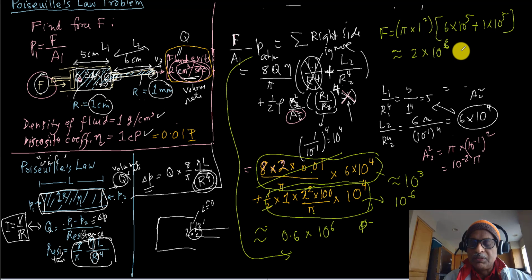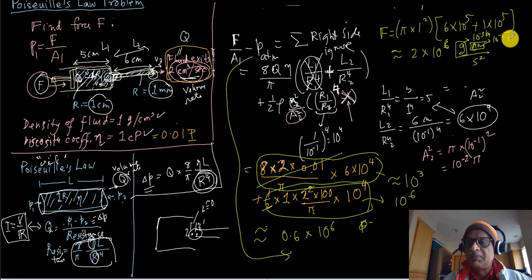It's not going to be Newton, it's going to be Dyne, gram centimeter over second square. And so this will be 10 to minus 3 to get to kilogram, and this is 10 to minus 2 to get a meter, about a Newton. So this is going to be about 20 Newton. That's going to be the answer.